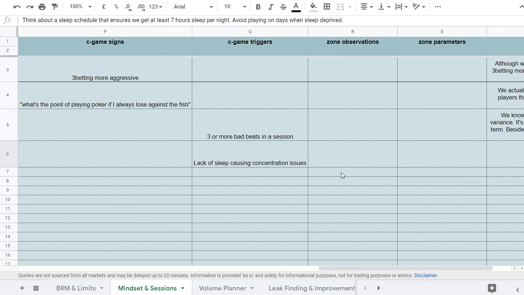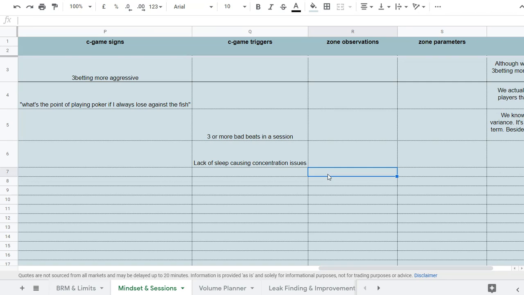Experience of the zone, or flow state as it's sometimes called, can be subjective to an extent. For example, sometimes players talk about time speeding up. Other times players talk about time slowing down. As we can see, it's not the same for everyone. There's going to be a measure of subjectivity here. But the idea is, what constitutes for you playing your A game?